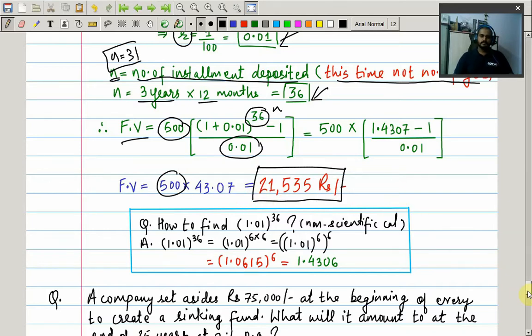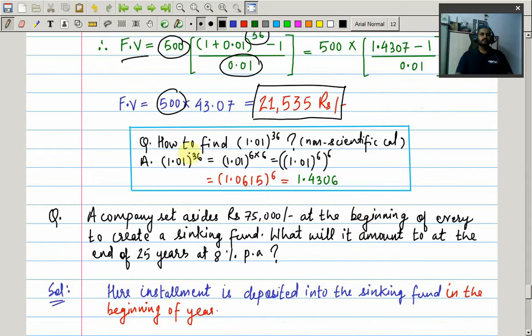So here we have an extra explanation of how to find the 36th power of 1.01, or the 36th power of any base, on non-scientific calculators. There are so many tricks available on YouTube on how to use non-scientific calculators to find powers, and many more shortcuts.